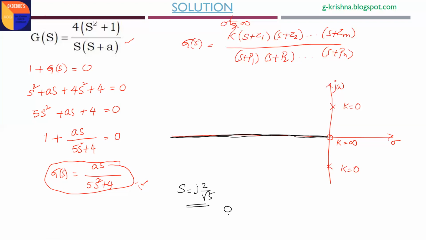How to find the angle of departure: the formula is 180 plus φ, where φ is the phase angle of the open loop transfer function. That means for whichever pole you want the angle of departure, from the remaining poles and zeros you have to measure the angle for this pole.